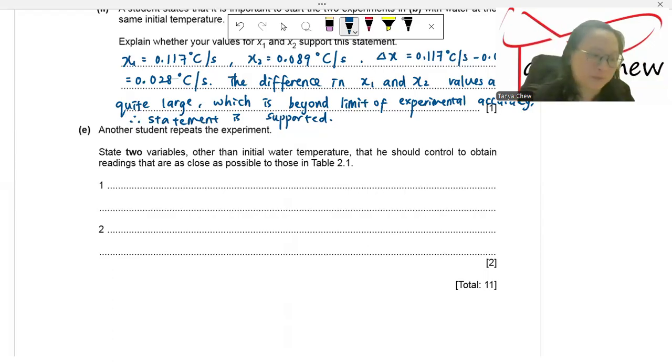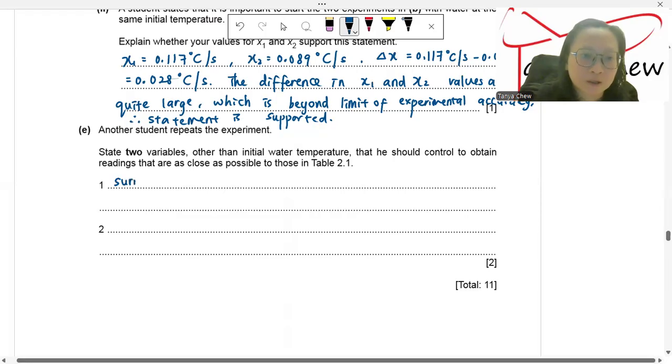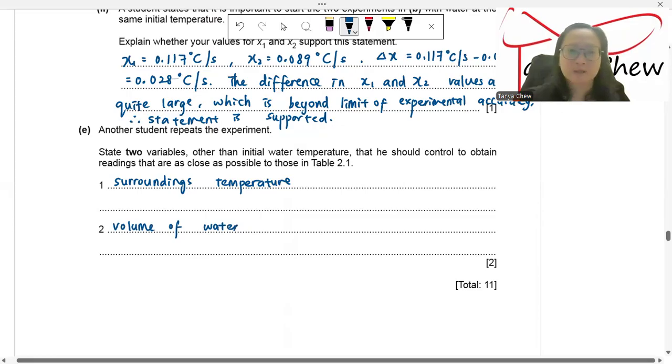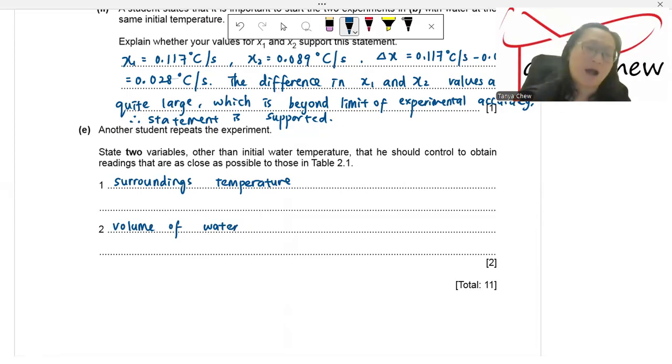That is why I have to make sure that the surroundings temperature must be constant. And I need to make sure that the same volume of water is used, so that the result could be as accurate as possible.